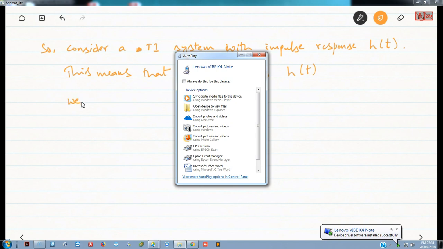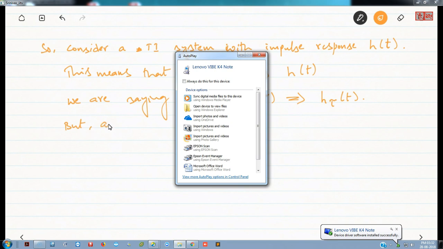And then we are saying that delta of t minus tau produces h tau of t. So the response to delta of t minus tau, we are denoting with h tau of t.